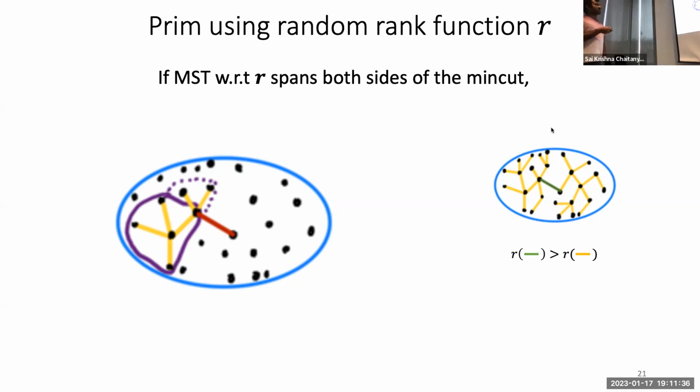We don't expand our Prim's set along this, because the rank of this particular edge is greater than all the other edges. So we span all of one side of the min cut before proceeding to expand along this red edge. At this point, the set that we arrived at is actually the min cut set.